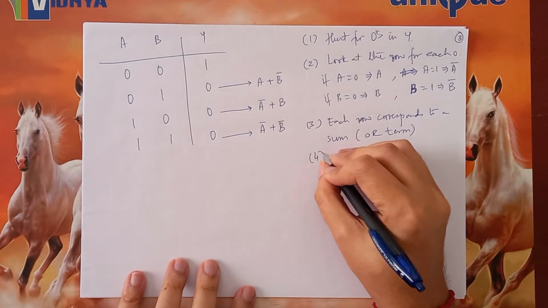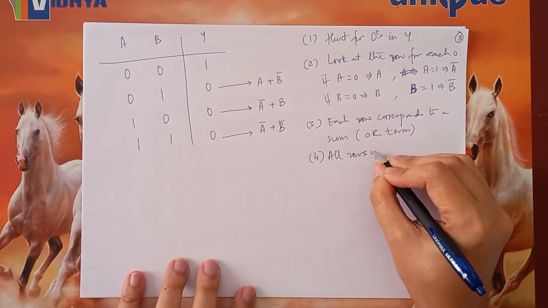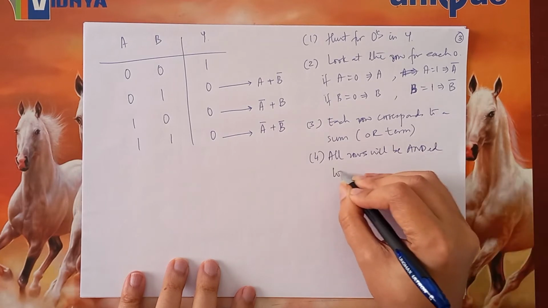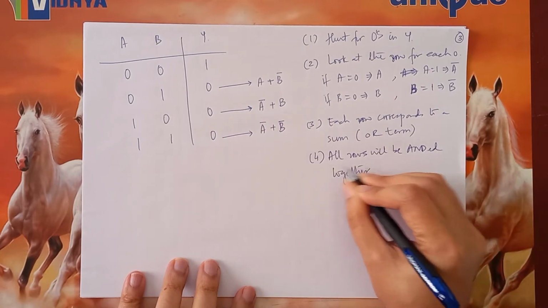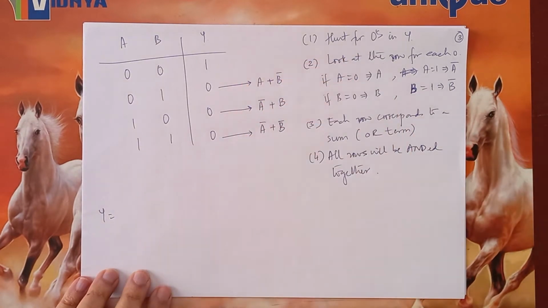And the fourth step is that all rows will be ANDed together. Just the converse. So therefore, what will we get? Y will be the product of these three.